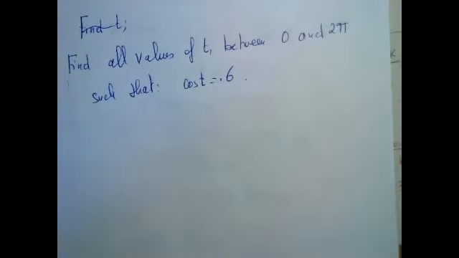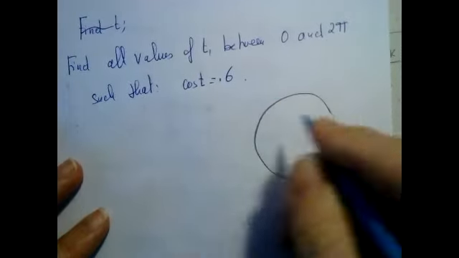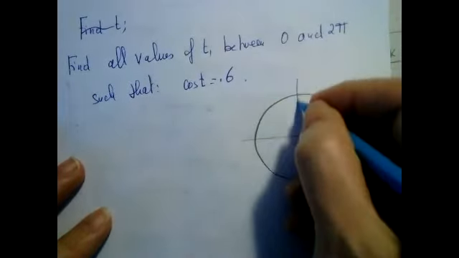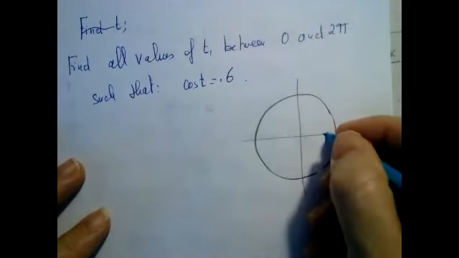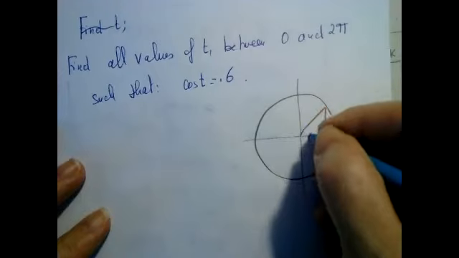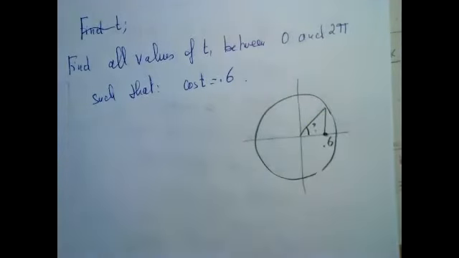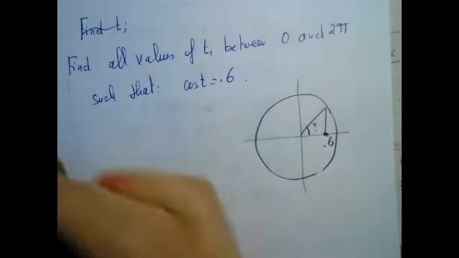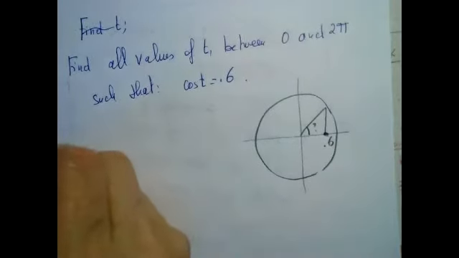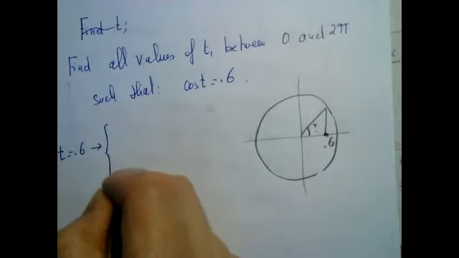So now, this is my picture. 0.6, I want the cosine. So this is 0.6. I'm giving you the cosine and I want the angle. Okay, so how can I find the angle? Right.